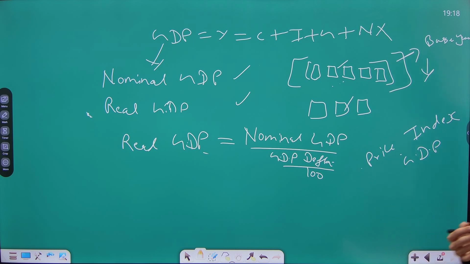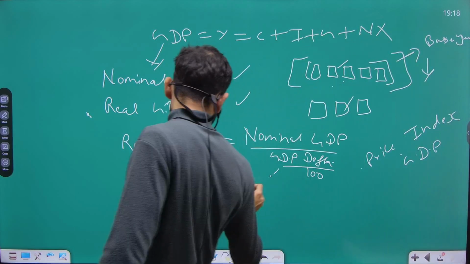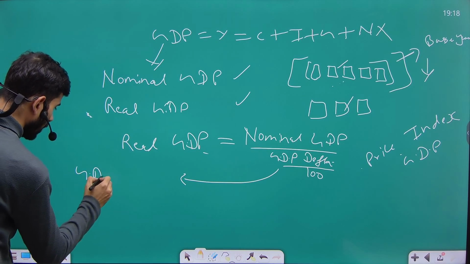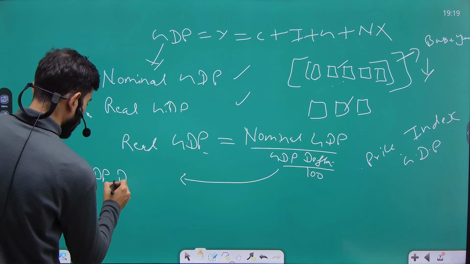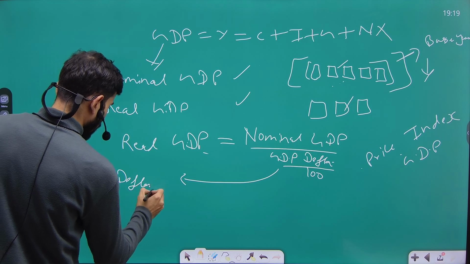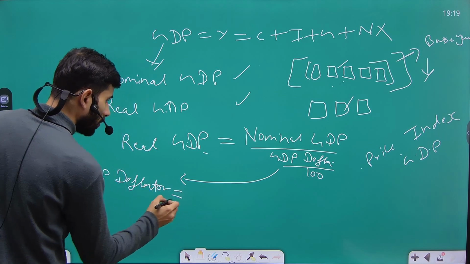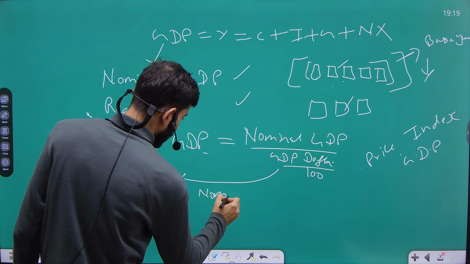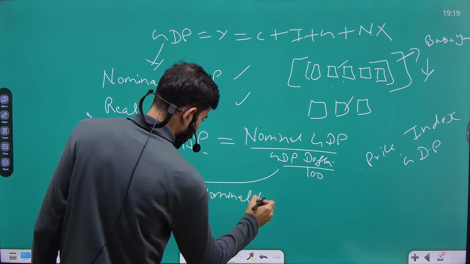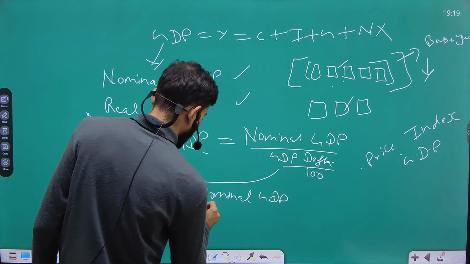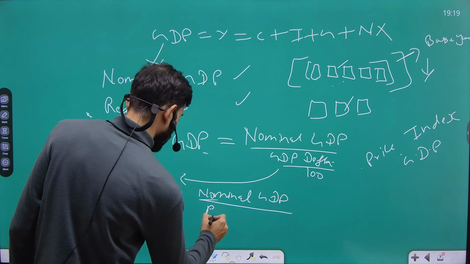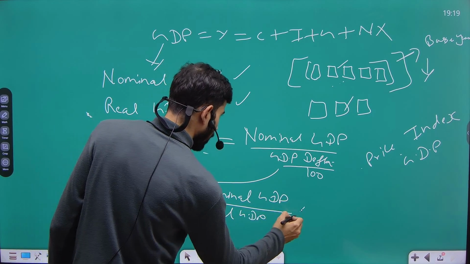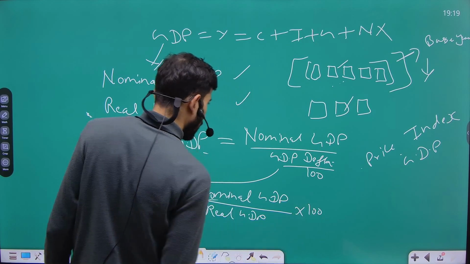So if we want to calculate GDP, then using this particular equation we can calculate the GDP deflator. GDP deflator is equal to nominal GDP divided by real GDP into 100.